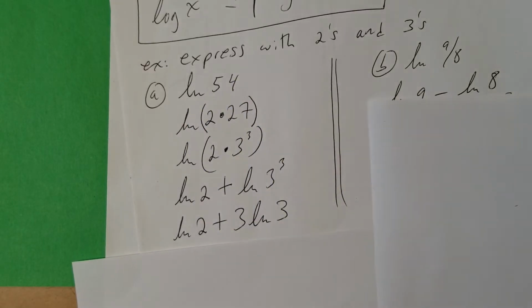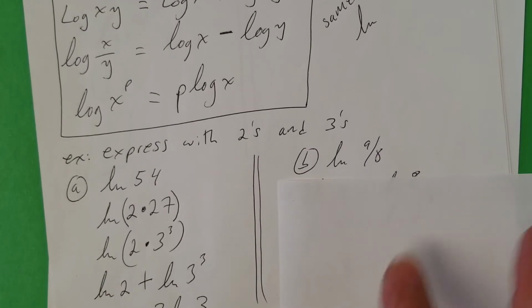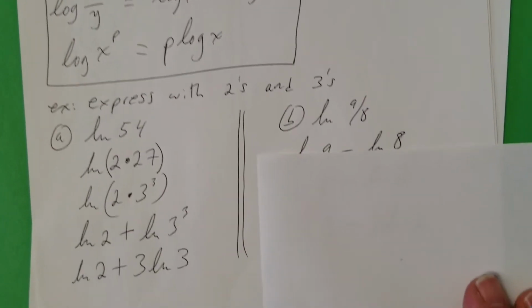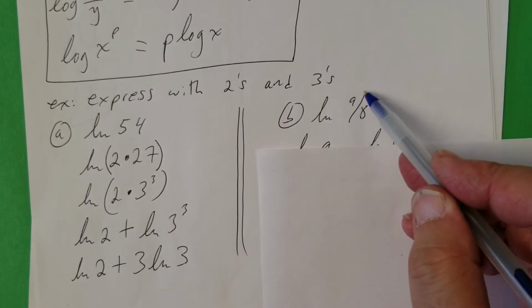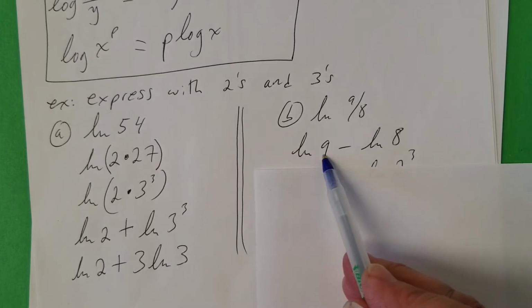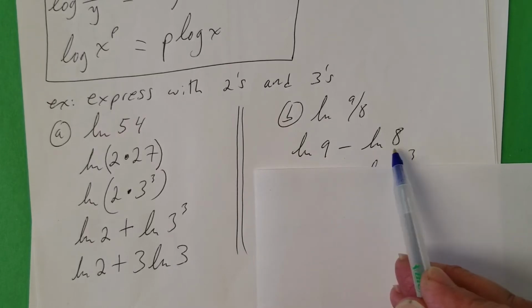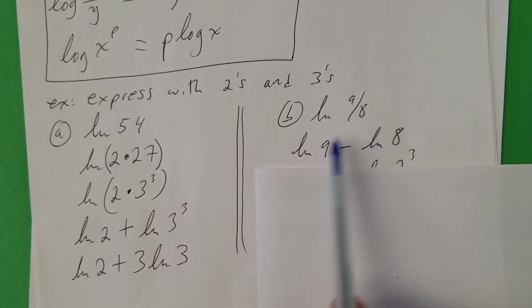How about the second example here? Natural log of 9 over 8. Well, if we use the property, it's ln 9 minus ln 8. That's what the property says: when you divide, you subtract.